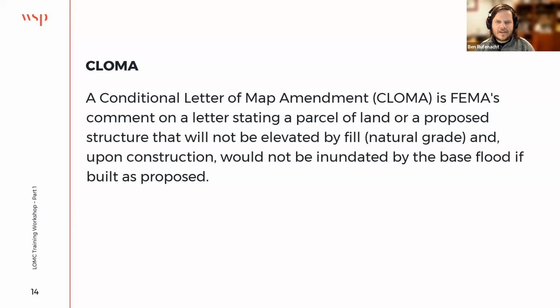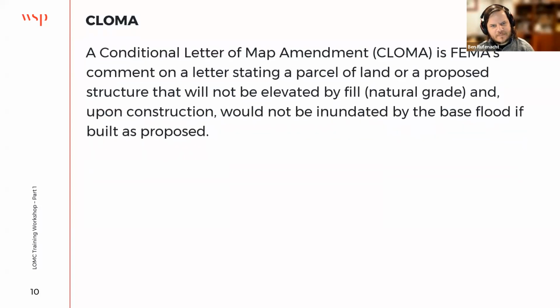So you're not doing any fill, but you are building a new structure that is still above that base flood elevation, just because the topography wasn't at a good enough level to show that it was out. But if you do any fill at all for the construction, then this is not the correct way to go. This is basically for slab on grade only.